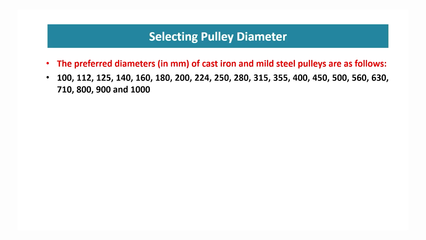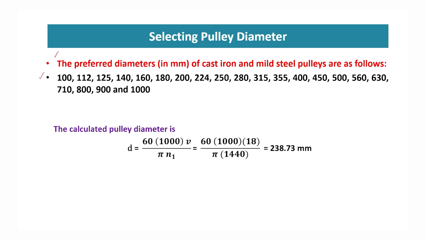Now the pulley diameter selection is based on the preferred diameters of cast iron and mild steel pulleys, and the preferred pulley diameters are given in this row. That means you may select 100, 112, 125, 140. From our calculation, we have obtained the smaller pulley diameter as 238.73.